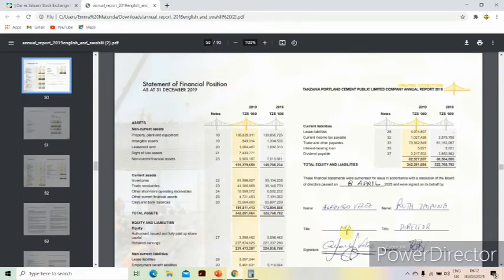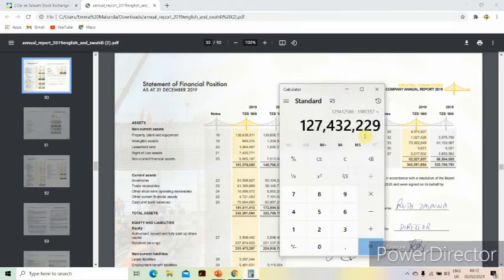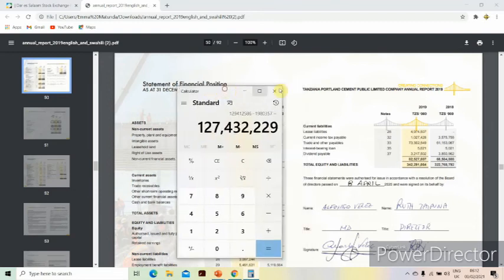Though the figure we got there, those are the most liquid assets that this company has. So then switching back to the statement of financial position, we're obviously going to take this figure and we're finally going to divide it by the total current liabilities, of which you can see here is 82,527,007,000. So then the result we're going to get there is a 1.544.